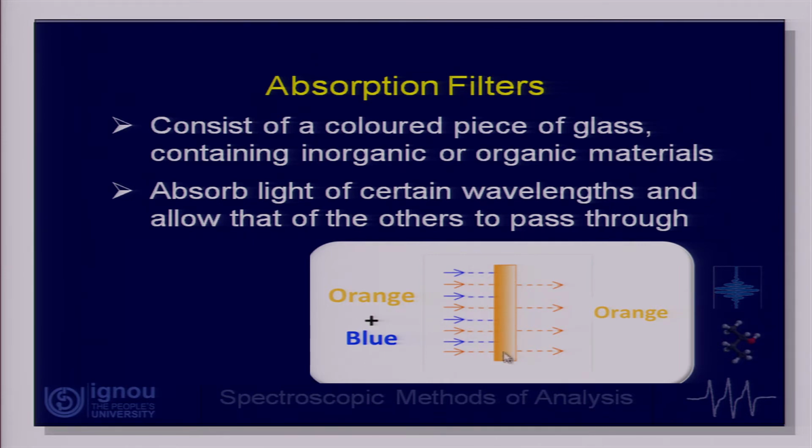Blue is absorbed and orange comes out of it. Essentially it absorbs light of certain wavelengths and allows the others to pass through. So, you have a broad range of wavelengths coming from the radiation source, I put a filter there, the filter absorbs part of it and allows the rest to pass through. So, it is typical filtration that is happening here.